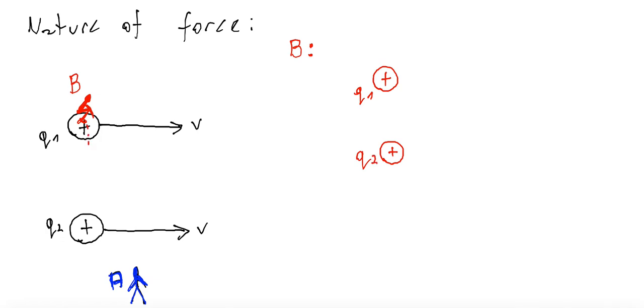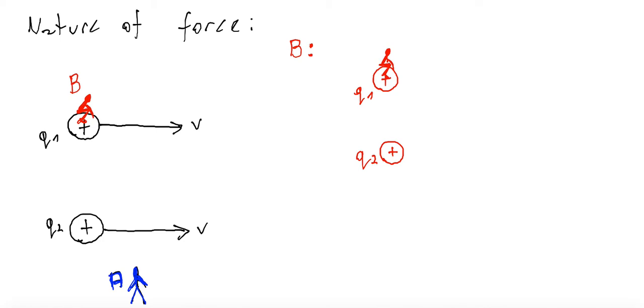B sees this charge always at the same position because both move with the same velocity, which means that relative velocity between charge 1 and charge 2 is equal to 0. So B doesn't see movement. Of course, B sees that A moves, but that is not important in the case of force between Q1 and Q2.